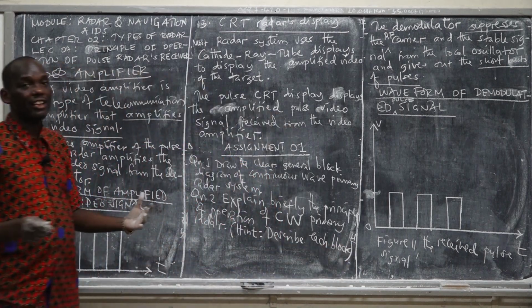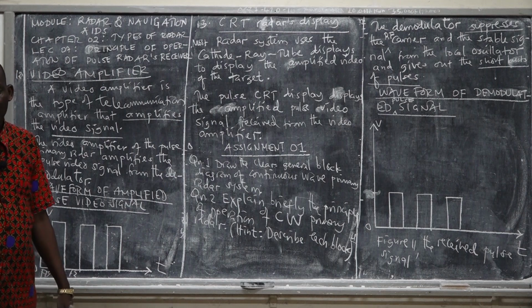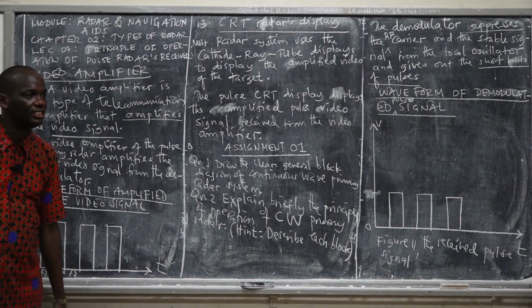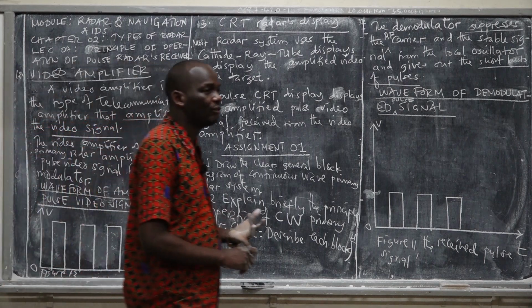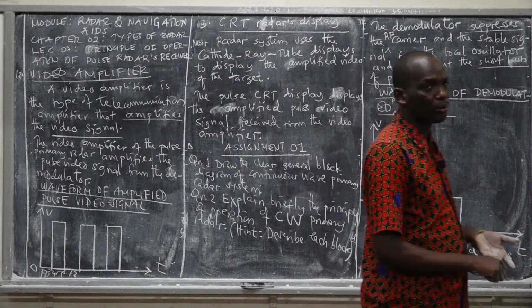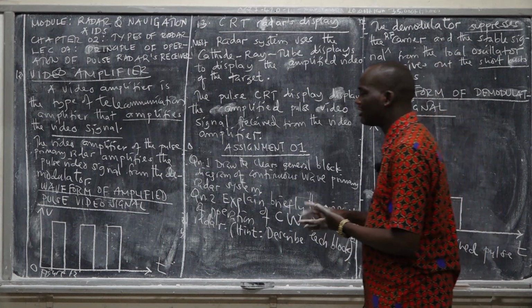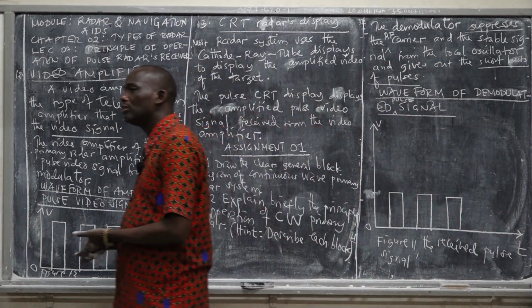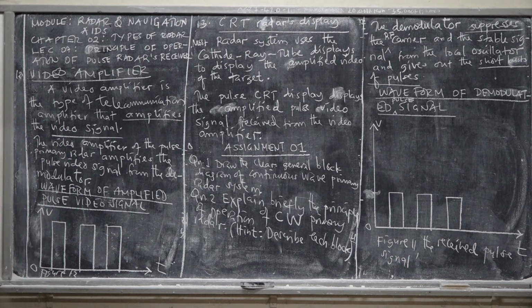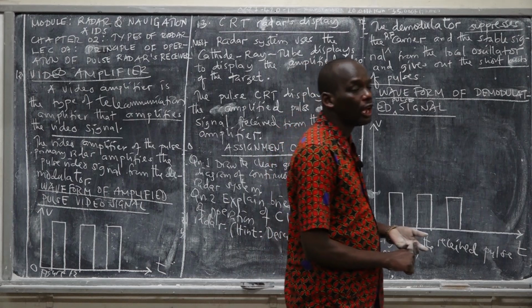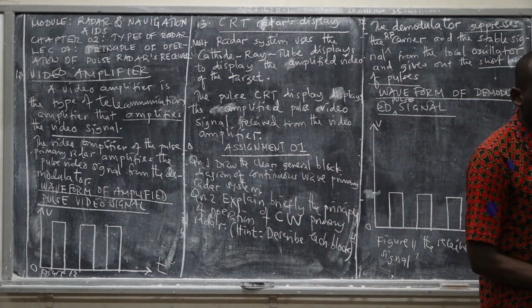So that's the assignment. Before I explain, let me give you a short description of it. Let me just tell you what we have done in lecture 5, lecture 6, and lecture 7. In those lectures, I've been teaching you two main concepts about radar system: the general block diagrams of the primary radar, and the principal operations of the primary radar.